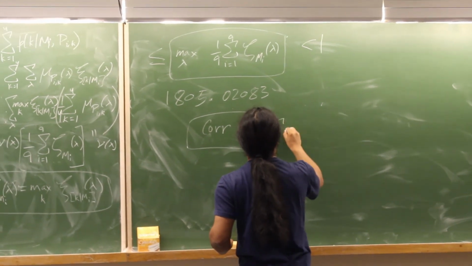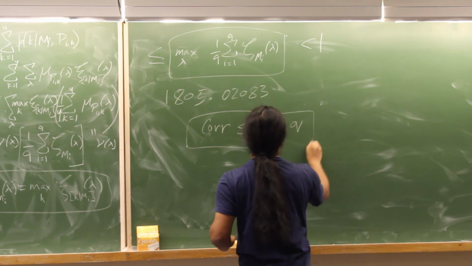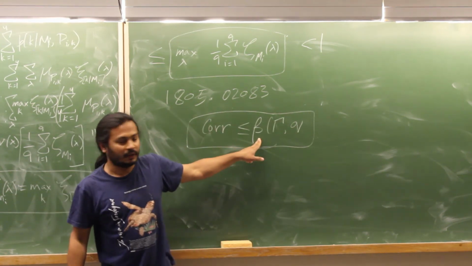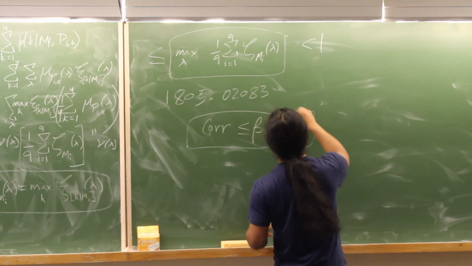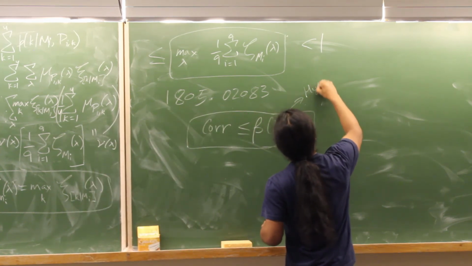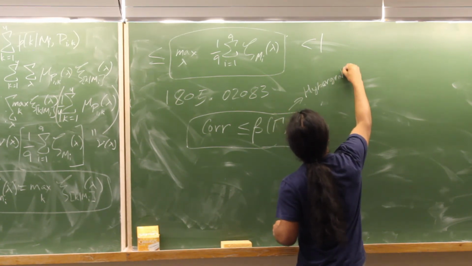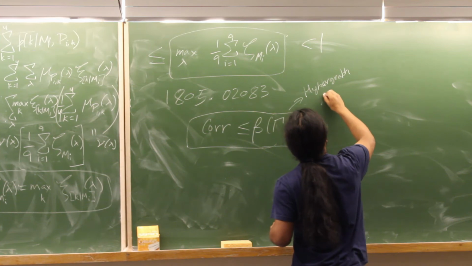Beta is less than or equal to Q, where this beta is a hypergraph invariant that can be defined for any given hypergraph.